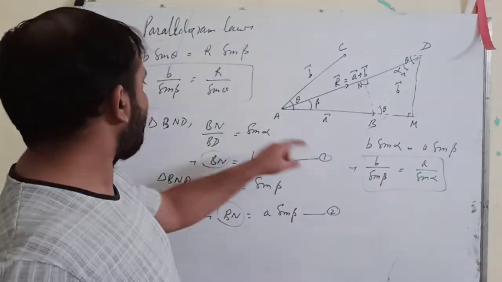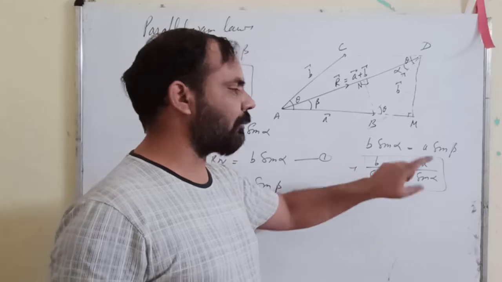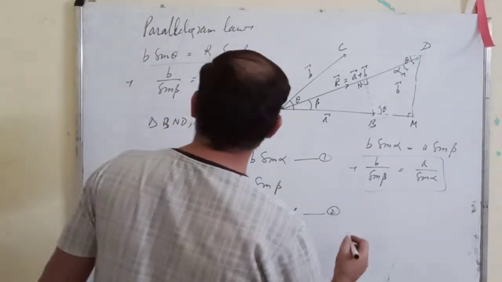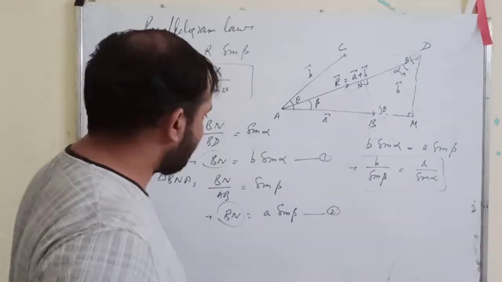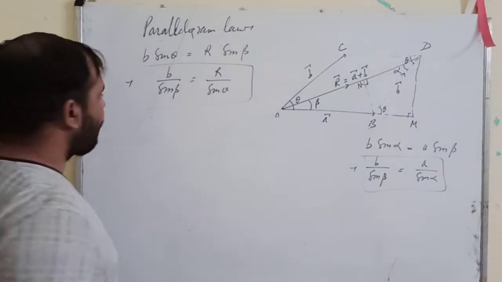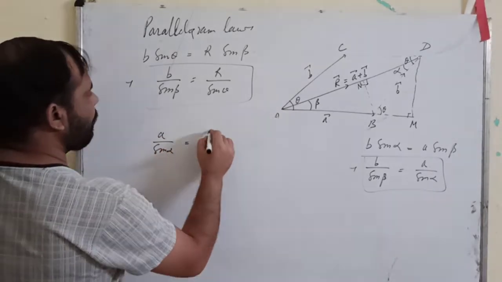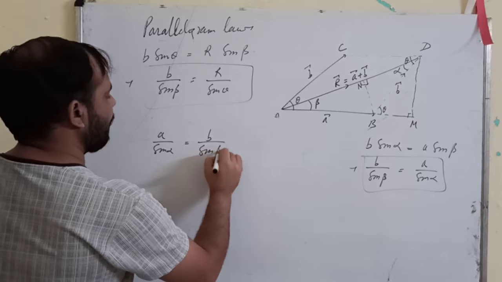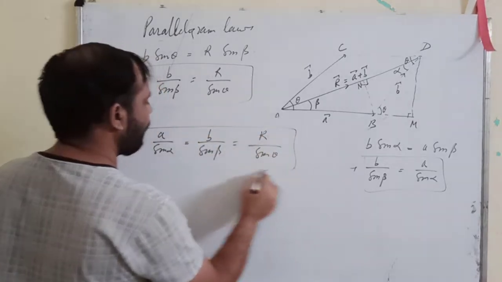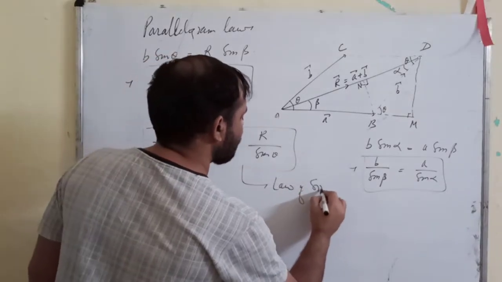So B upon sine beta was equal to R upon sine theta, and B upon sine beta is equal to A upon sine alpha also. By combining these two results, you can say that A upon sine alpha is equal to B upon sine beta is equal to R upon sine theta. This is called the law of sines.